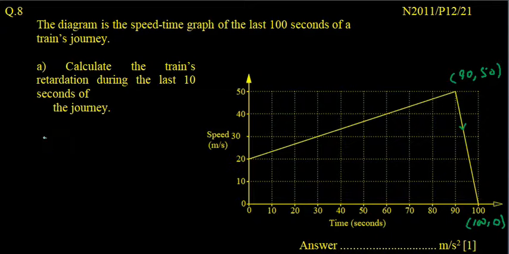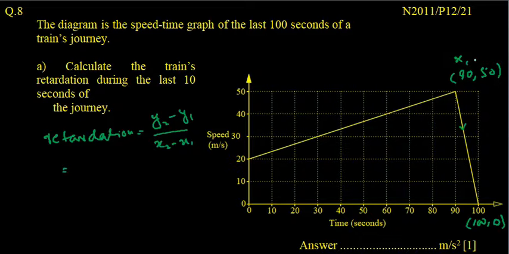We write retardation is y2 minus y1 upon x2 minus x1. If we consider x1, it will be y1, and if it is x2, it must be y2.